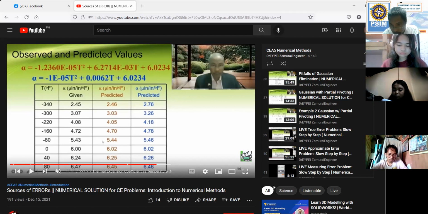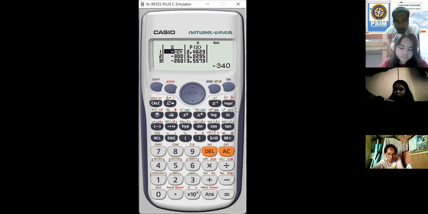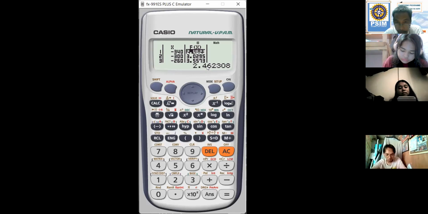So let us compare with our result. We are already able to calculate just like that. Take note: at 340, what is the value? 2.4623. At 340, the value of alpha is 2.4623, which is equivalent to the prediction on the table.